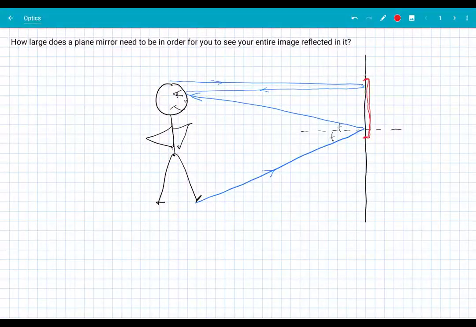But when it comes down to really just a person seeing their entire body from toes to the top of the head, a mirror that's about half the height of a person is all that's necessary.